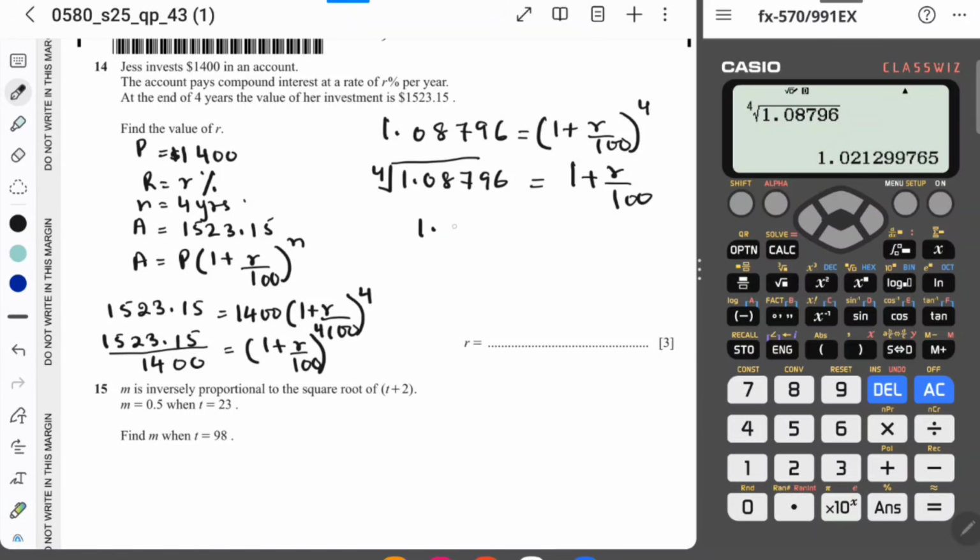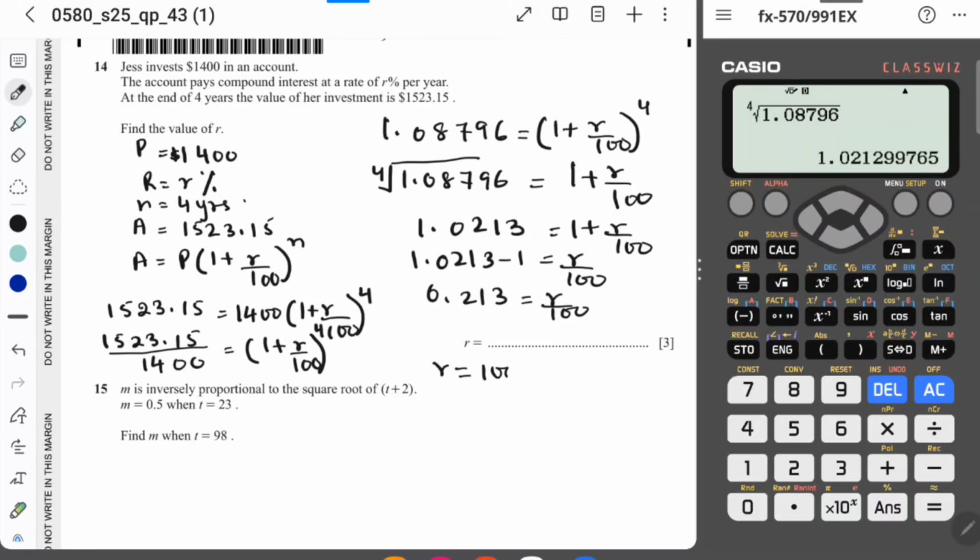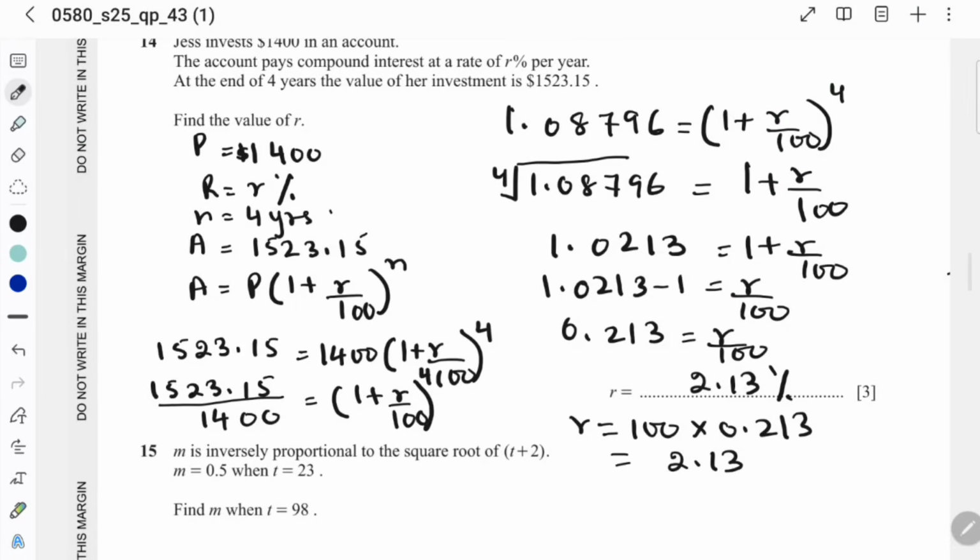Okay, 1.0213 is equal to 1 plus R over 100. Now you do minus 1, it is equal to R over 100, then that will be 0.0213 is R over 100. Now multiply by 100, R is equal to 100 times 0.0213, that is equal to 2.13%. So we got the rate in percentage.